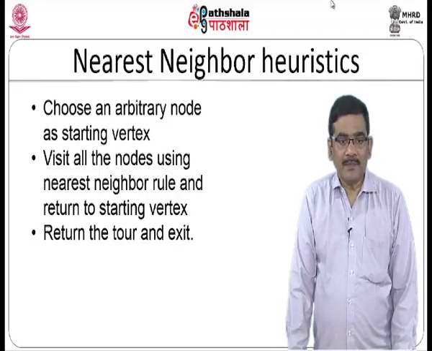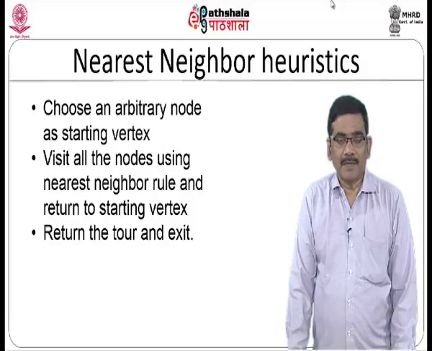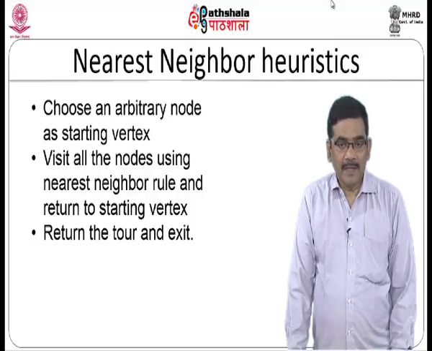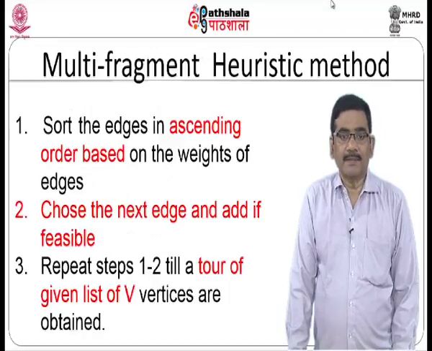You start with an arbitrary node as the starting vertex, then you try to find the nearest city and visit it. In other words, visit all the nodes using the nearest neighbor rule, then return to the original vertex from where you started, and finally return the tour and exit. This kind of algorithm is called the nearest neighbor heuristic.